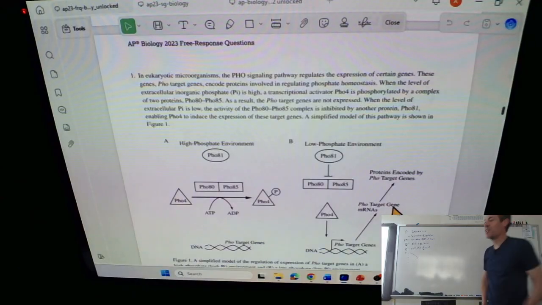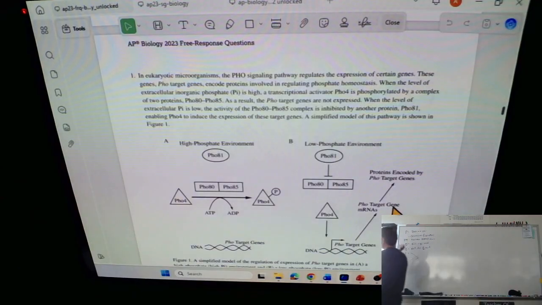So back in 2023, question number 1 was this. Now I've got paper copies for you. So let me hand that out. 1, 2, 3, 4, 5, 6, 7.